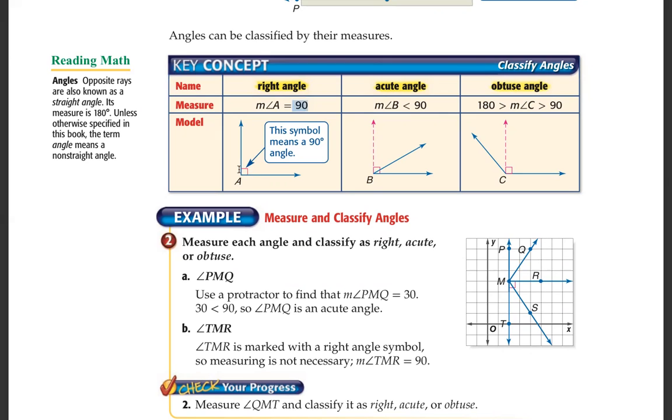If the angle is smaller than that, then it's an acute angle. If it's bigger than 90, it's a wider angle. So that's an obtuse angle. Okay, obtuse angle.